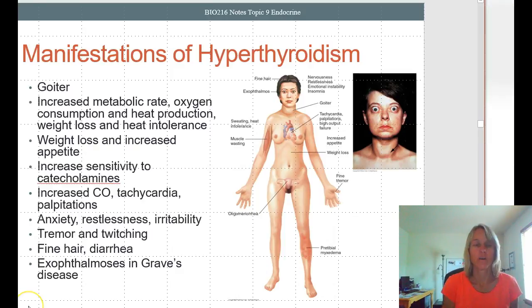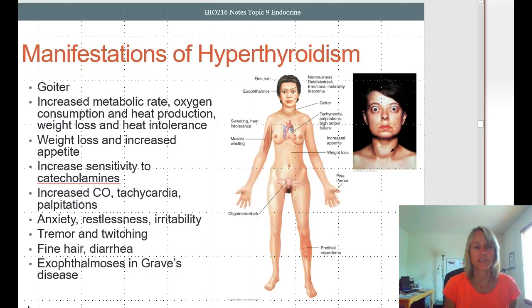Okay, so manifestations we can see in hyperthyroidism: a goiter, increased metabolic rate, increased oxygen consumption, increased heat production, weight loss, and heat intolerance. And we get this weight loss despite an increase in appetite.